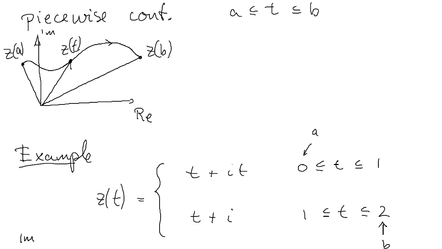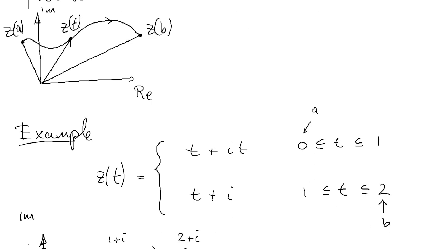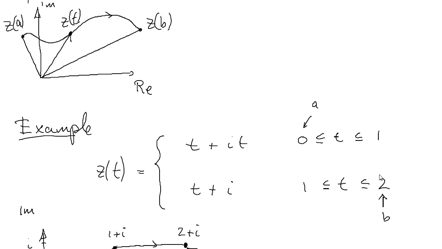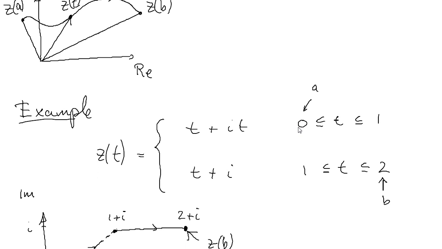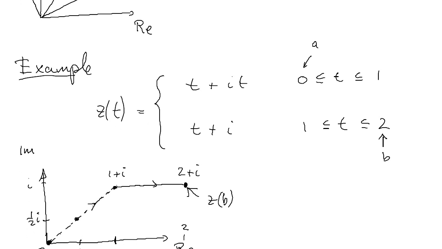Here is an example. Consider the following piecewise description of an arc. We let a be equal to 0 and b be equal to 2, and we have the following piecewise definition of the arc.